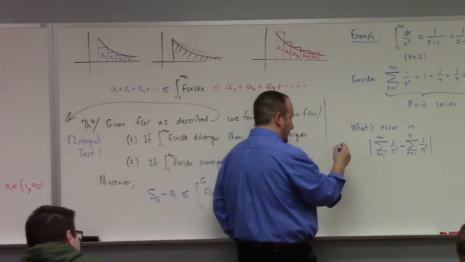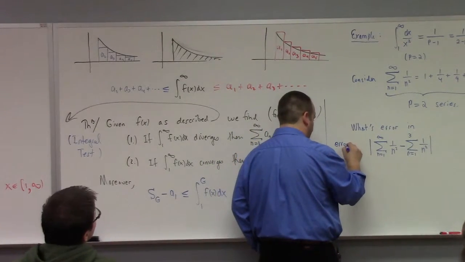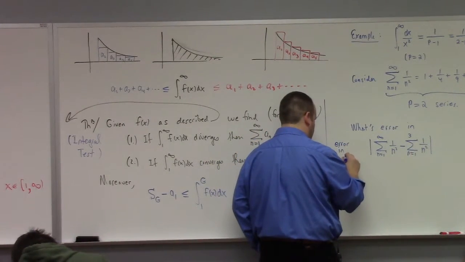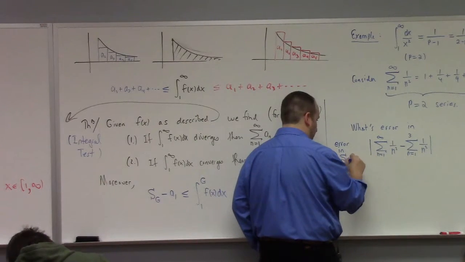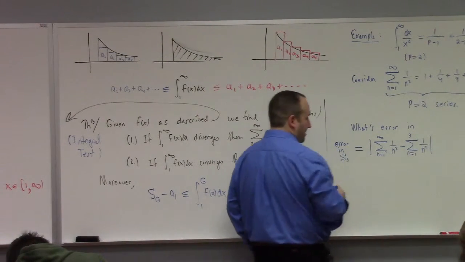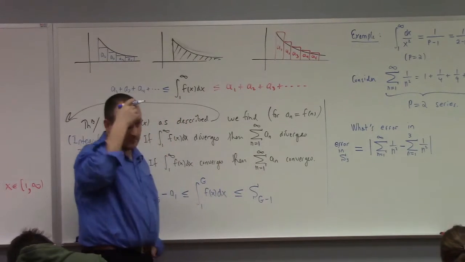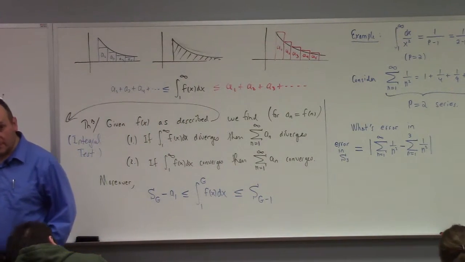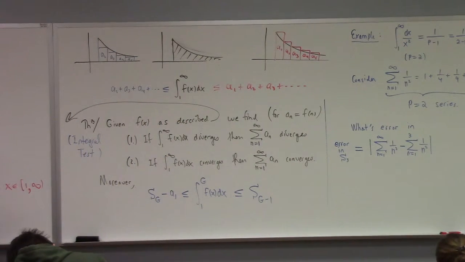So this would be the error in the third partial sum S3 here, I think. We can use this S sub n estimate to pin it down, right?